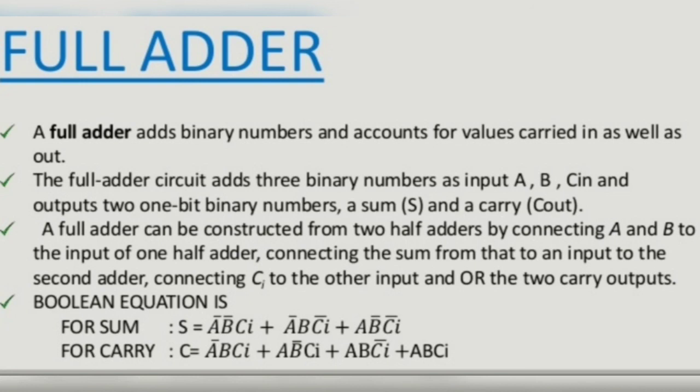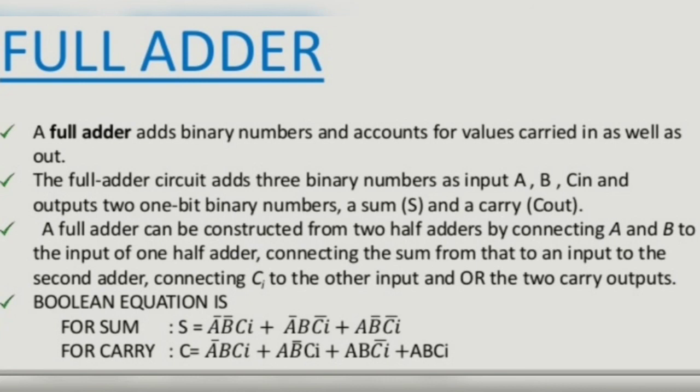A full adder can be constructed from two half adders by connecting A and B to the input of one half adder, connecting the sum from that to the input of the second half adder, connecting C in to the other input, and ORing the two carry outputs.